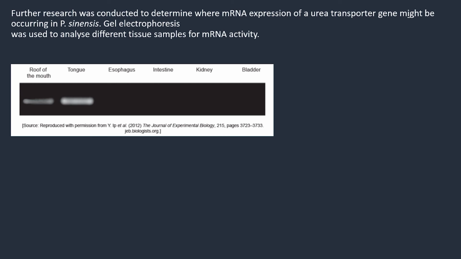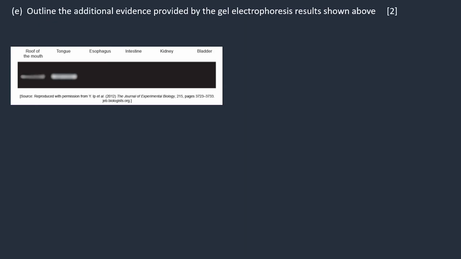Then lastly, what they show you is the output obtained from gel electrophoresis. And as we can see from the output, the mRNA for the protein is expressed in the tongue and at the roof of the mouth, shown by these bands. And we get no bands here, so there's no expression there. And so it says, outline the additional evidence provided by the gel electrophoresis results shown above. What did we say?